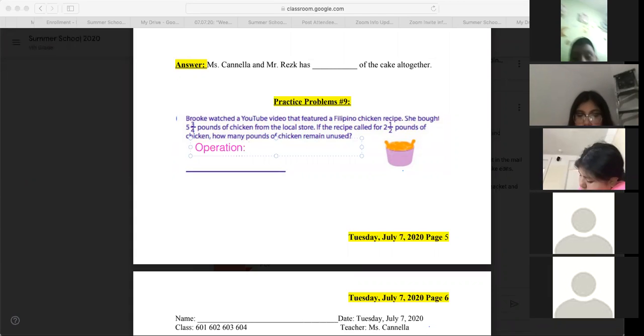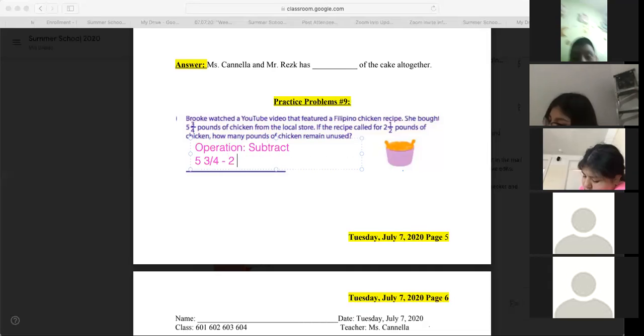All right, so the key word here is unused. So we're going to either add or subtract, Lorenzo. What are we going to do? We want to find the difference. Add? To find the difference, we add? Subtract, sorry. There we go. We're going to subtract. Now, we're going to subtract 2 and 1/2 from 5 and 3/4.